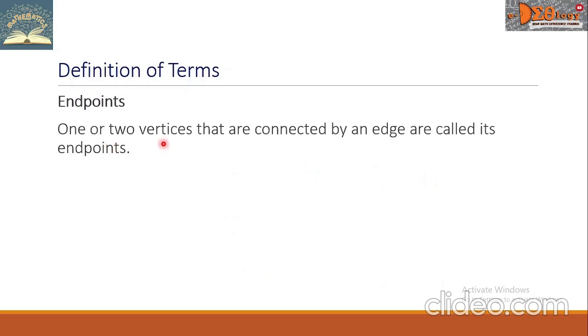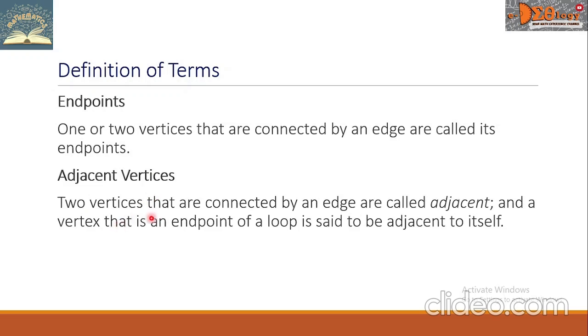One or two vertices that are connected by an edge are called its endpoints. Next term, adjacent vertices. Two vertices that are connected by an edge are called adjacent, and a vertex that is an endpoint of a loop is said to be adjacent to itself.